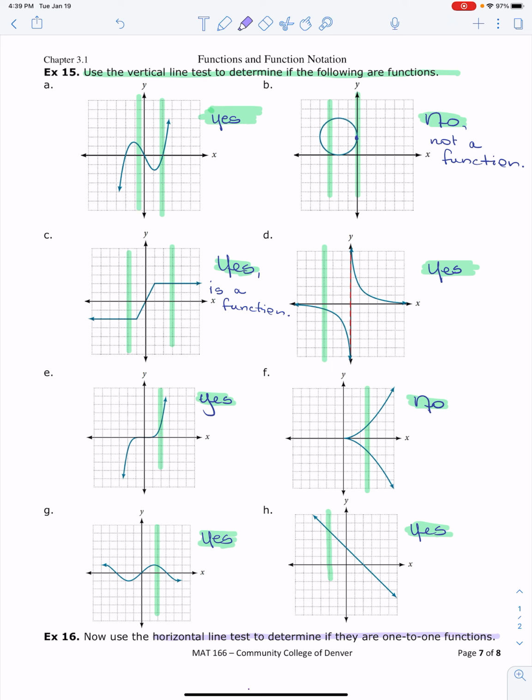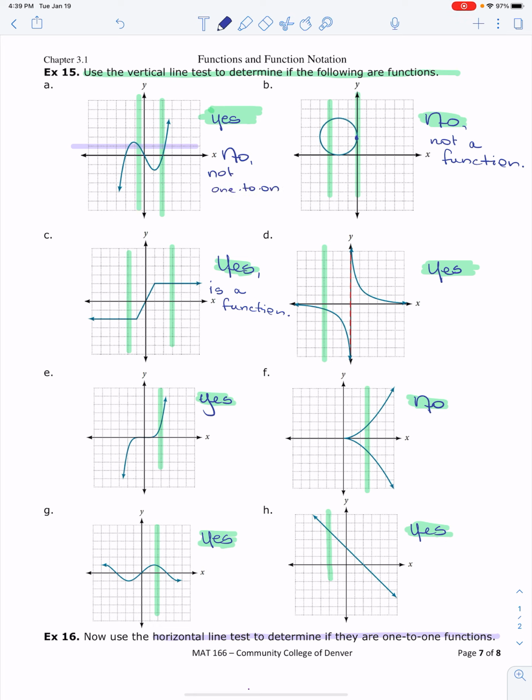So I am not really worried about the ones that I've already written no on. But let's take a look at the ones where we've got a yes. So if I draw a horizontal line here, I hit actually 3 times. So yes, this is a function, but no, it's not one-to-one.